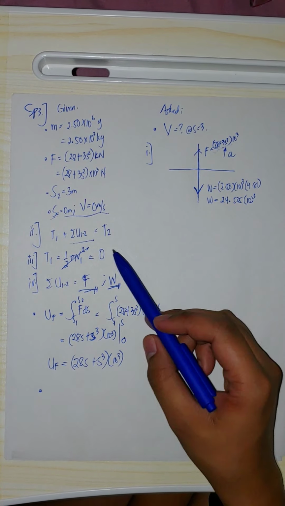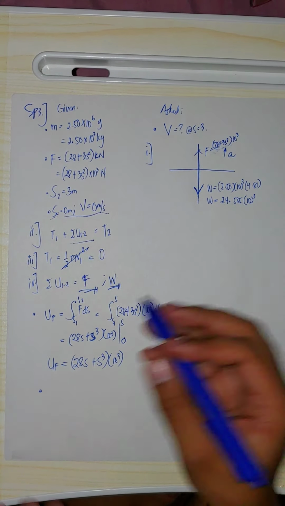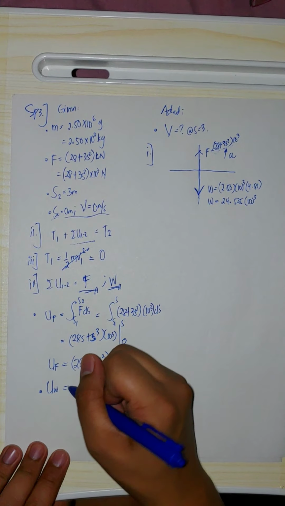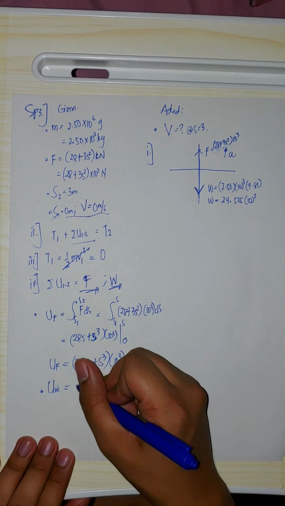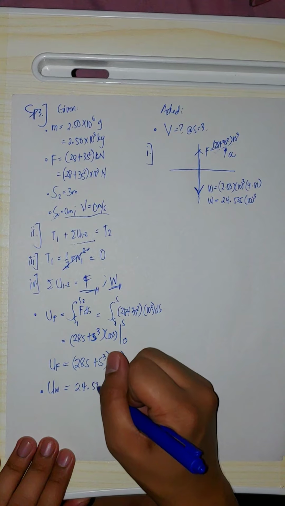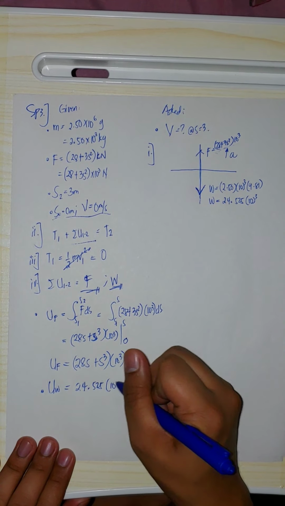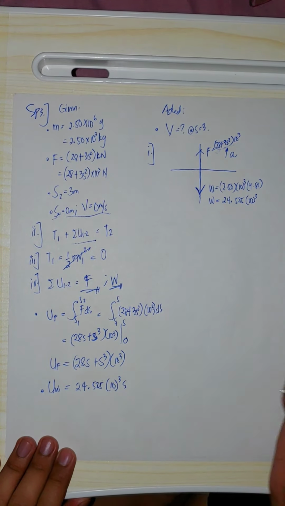This is the work due to the force F. Next is the work due to the weight. It is constant, so we can write just the weight, 24.525 times 10 cubed, times the distance s.